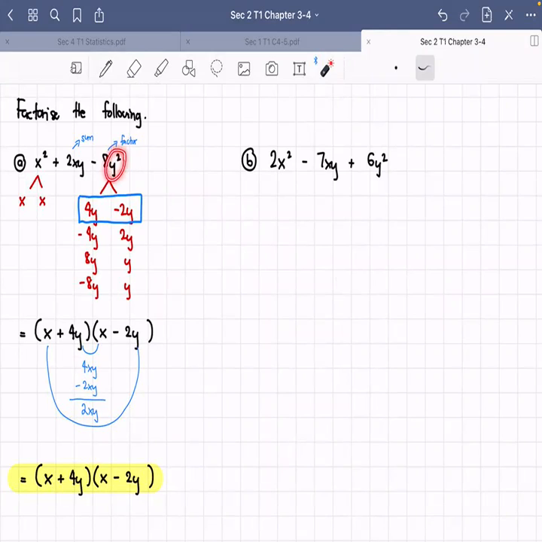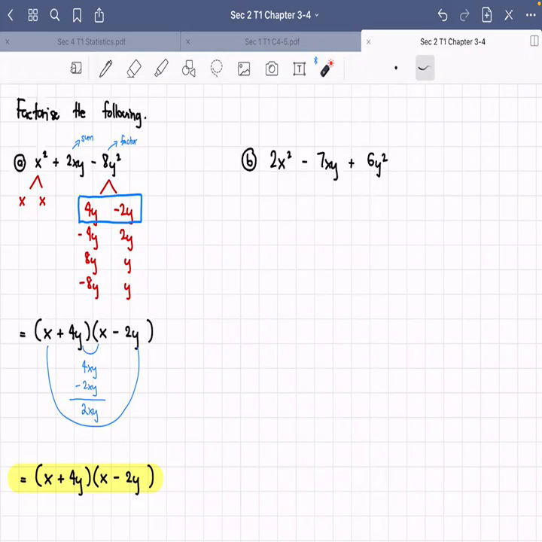In chapter 3, it's just 8. But now, in chapter 4, they just put this. But even so, it's the same. Yes, Mr. Jojo, I have a question. What's that? If it's 4y and negative 2y, that's the correct answer.